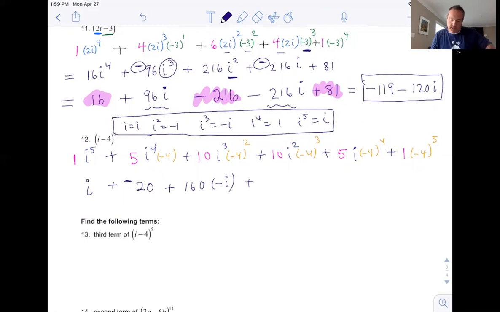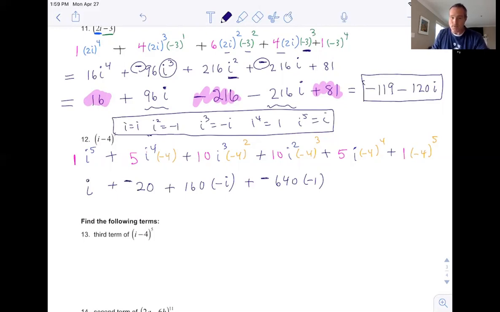Yeah, here's where the numbers get big. 4 cubed, that's 64 times 10. That's 640 with a negative. So it's -640, but I squared is -1. Next term, I got 4 to the fourth, which is 256.